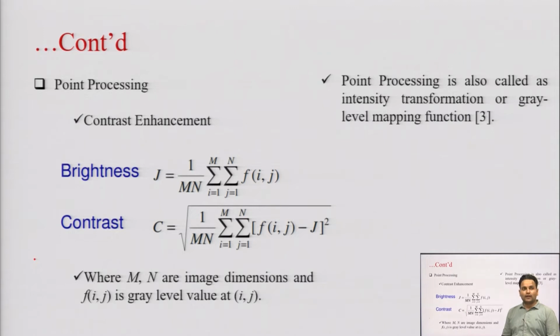Here I am talking about point processing, by which we can enhance the contrast. To enhance the contrast, we have to focus on the brightness as well as the contrast.